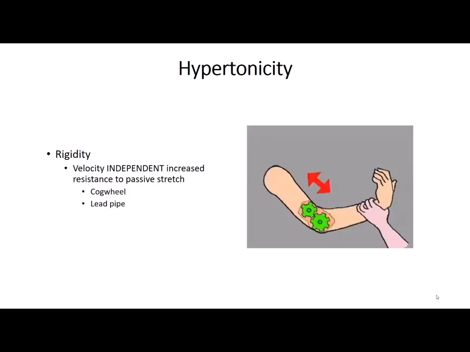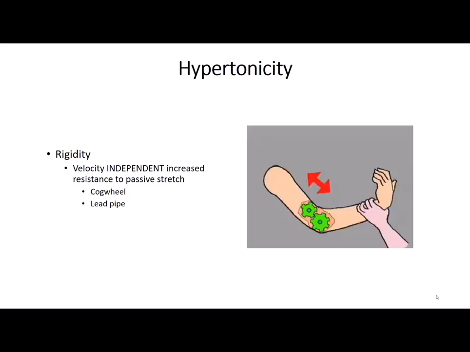Overall, there's two types of rigidity you need to be aware of. The first is known as cogwheel rigidity, and that's what is depicted on the picture on the right-hand side of the slide. Cogwheel rigidity is often present in patients with Parkinson's disease. It's also present fairly early on in the disease process.